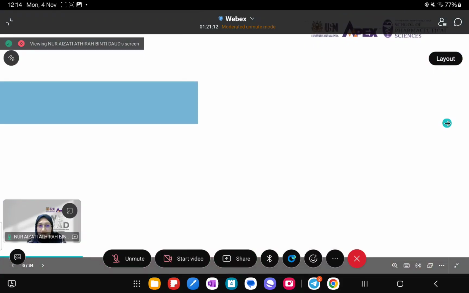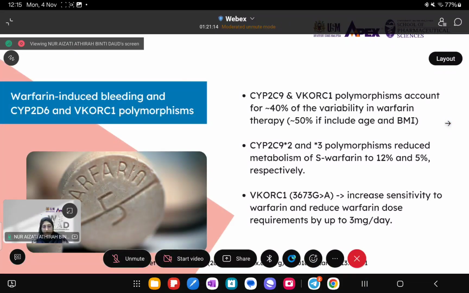Okay, this one. For warfarin-induced bleeding, actually this is not so new. So we know already, I think dah berpuluh tahun dah, that warfarin is the anticoagulant, and usually we monitor the INR.